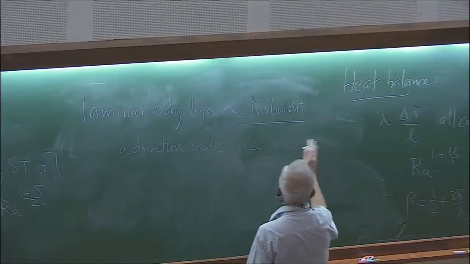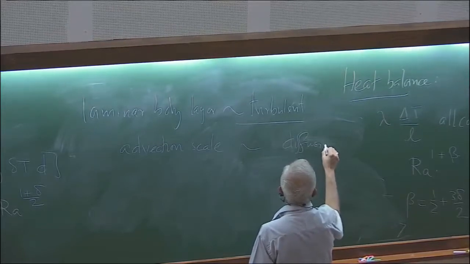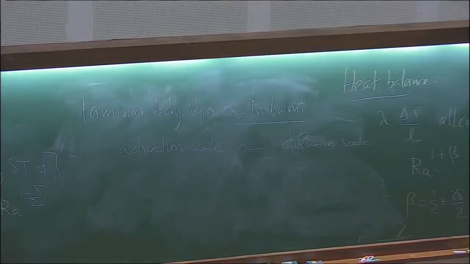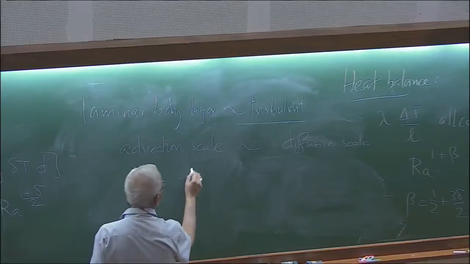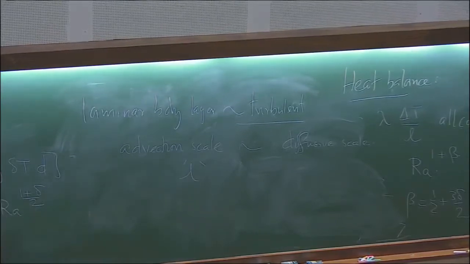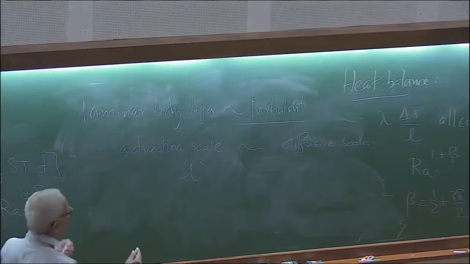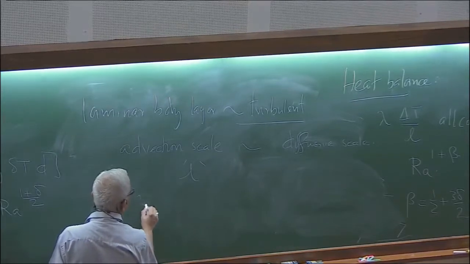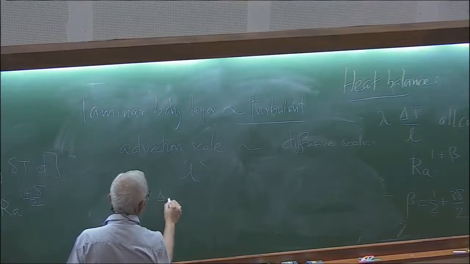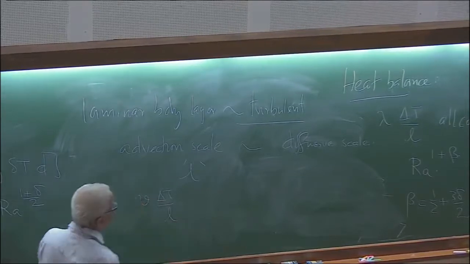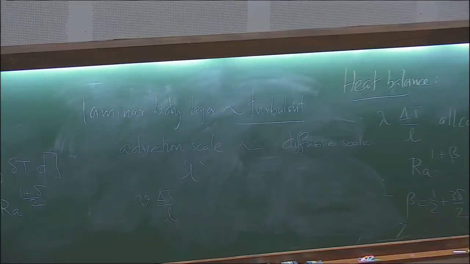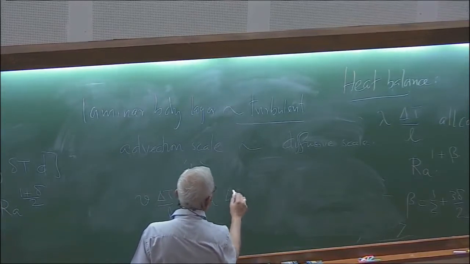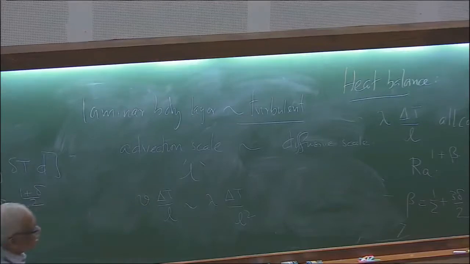is the same as the diffusive scale. So if I'm looking at this temperature balance, then it is V, and then it is delta T divided by L. That's the balance over here, which is going to be your lambda delta T divided by L squared.